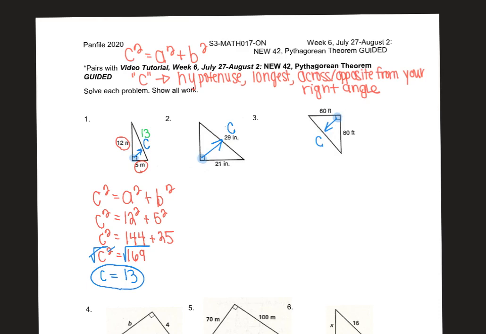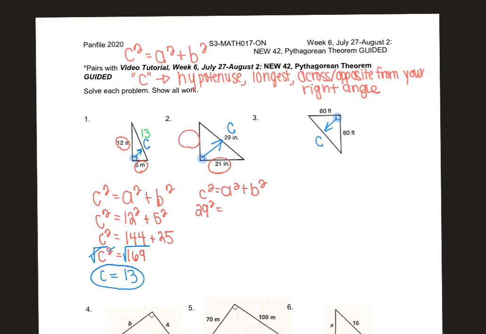Okay, so now number 2. I have c squared equals a squared plus b squared. Now I know c. C is 29, so I do 29 squared equals. Now I know 21, but I don't know this side, so that's going to be one of my variables.